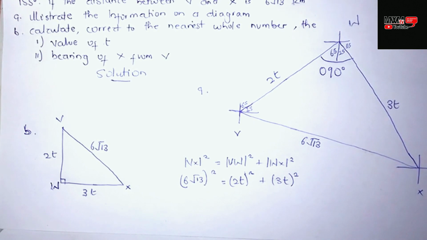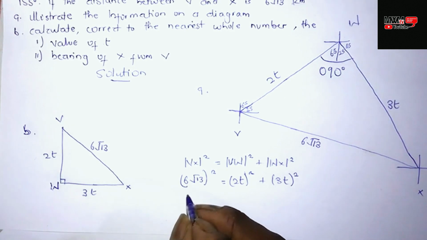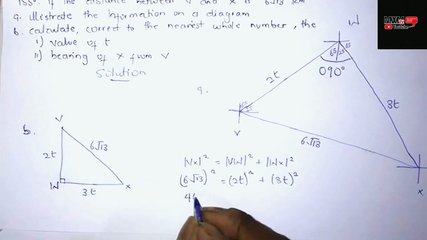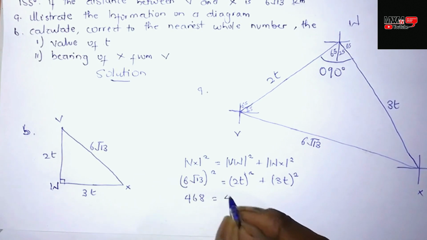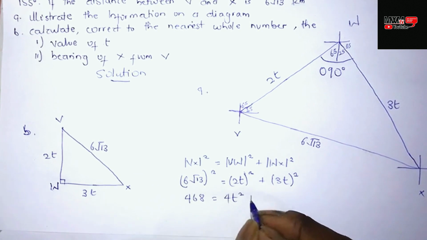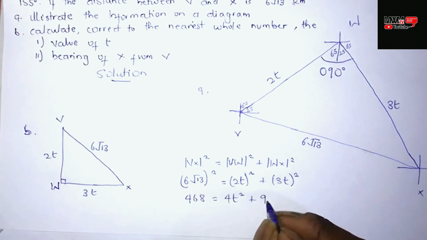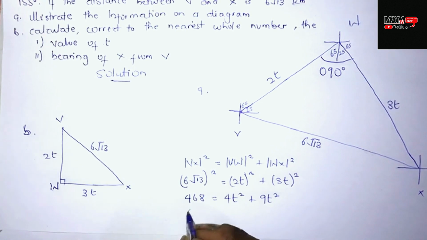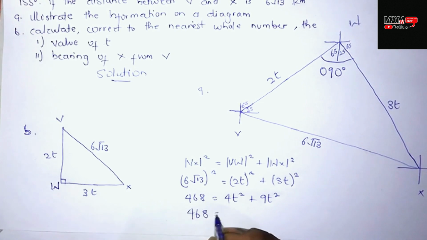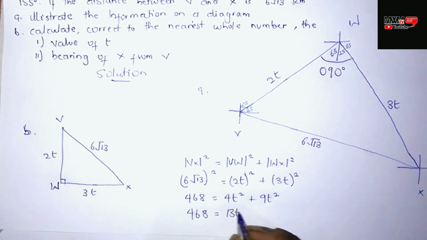Now 6 root 13 squared is going to be 468. So 468 is equal to 4t squared plus 9t squared, and I'm going to get 13t squared.